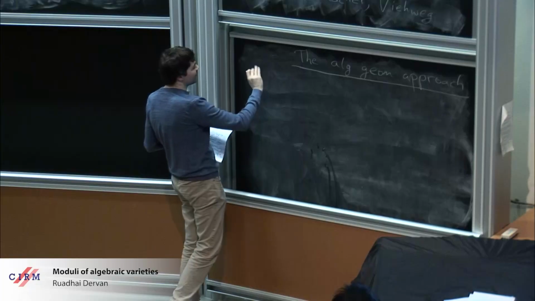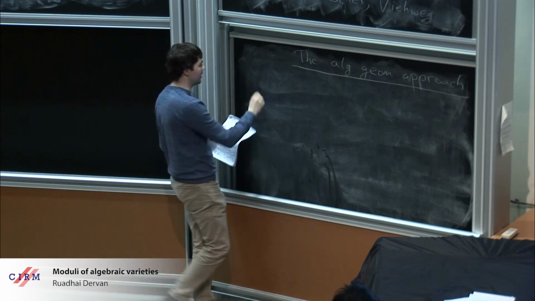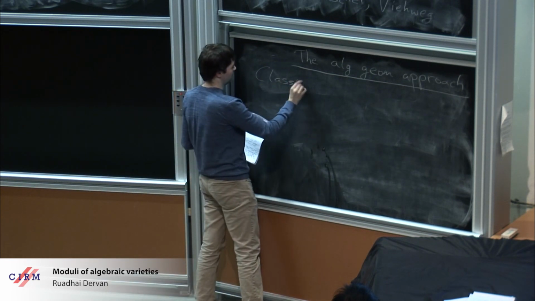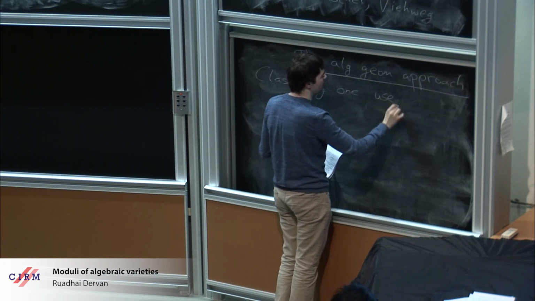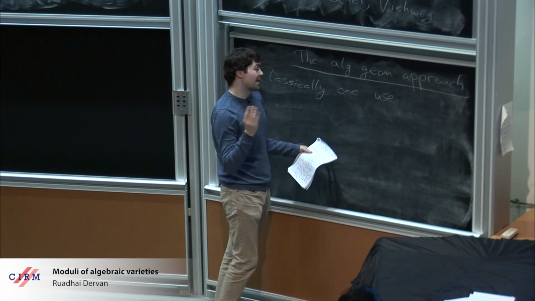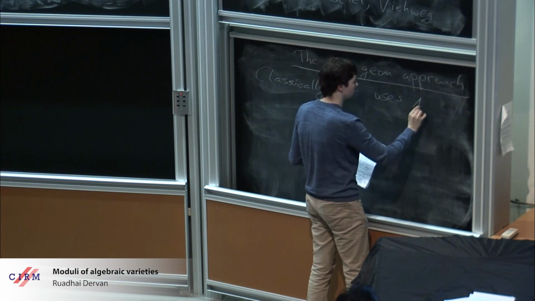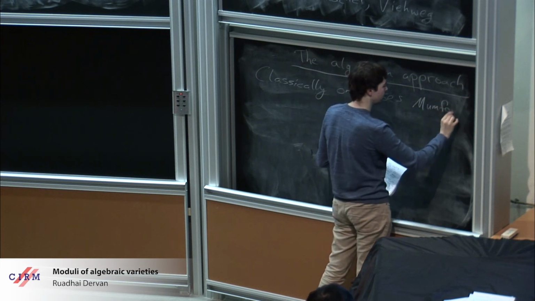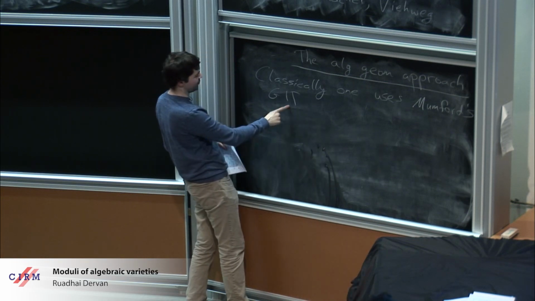But at least the classical way of approaching these problems is to use Mumford's geometric invariant theory. So in most moduli problems, the classical approach is to form moduli spaces using this quotient theory in algebraic geometry. Mumford's GIT, for geometric invariant theory.